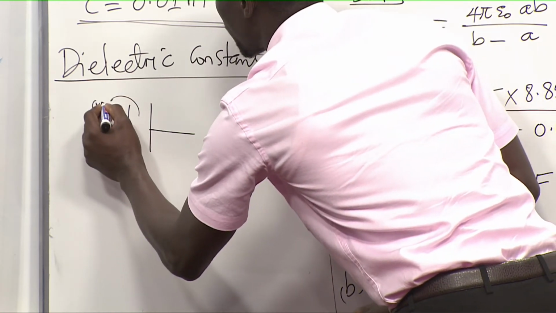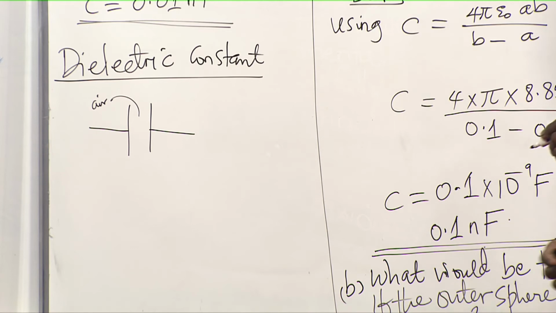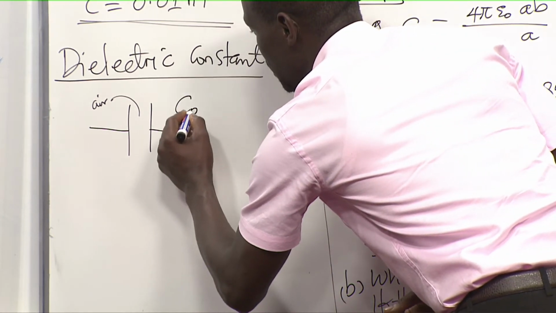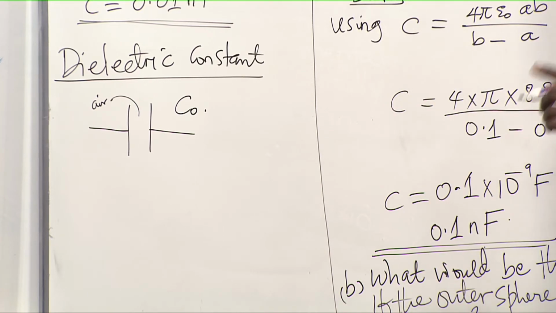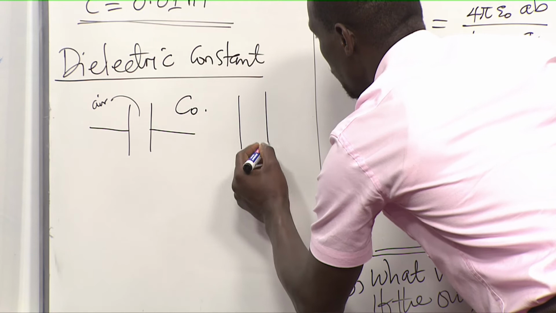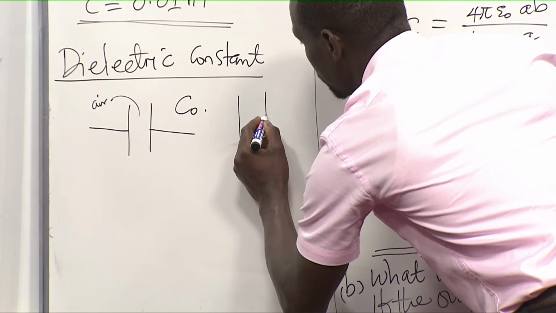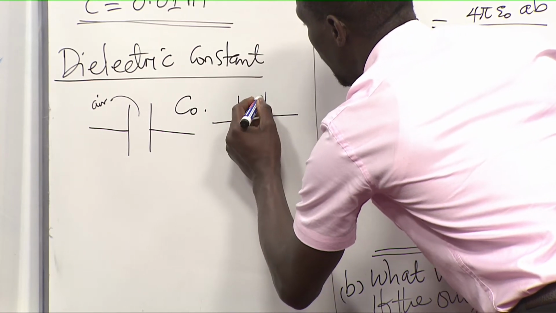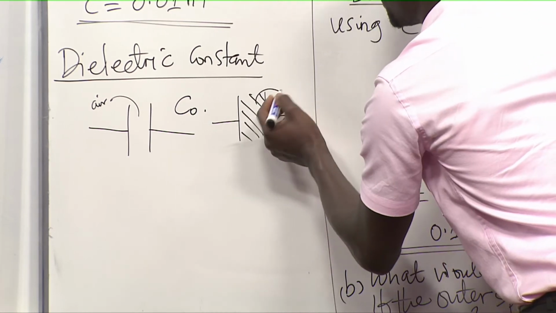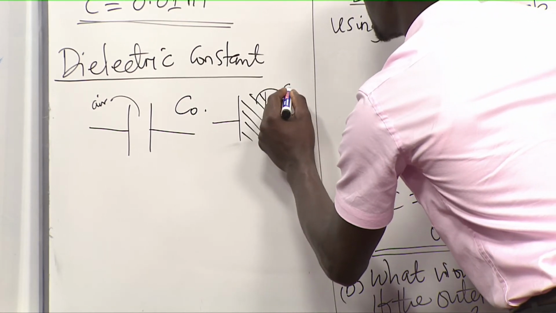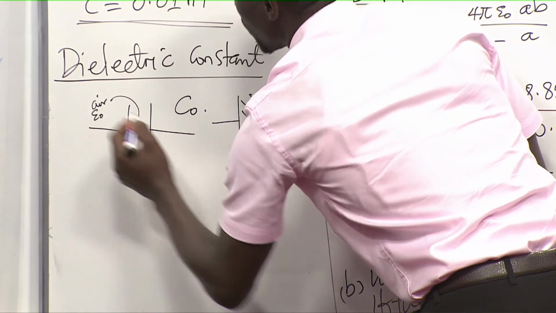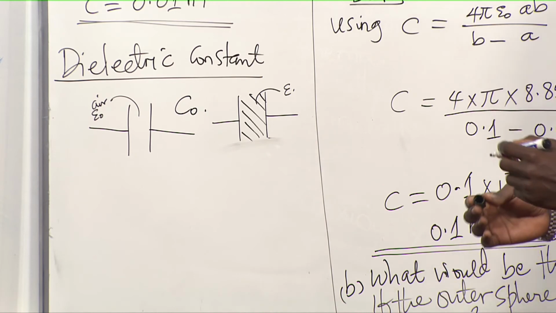This is an air capacitor because the medium there is air. You'll have the capacitance. Suppose the capacitance is C naught. Then we get the same capacitor, and then this time we put a medium. This one here is a medium of permittivity, maybe epsilon. The permittivity of air is epsilon naught, we said that.